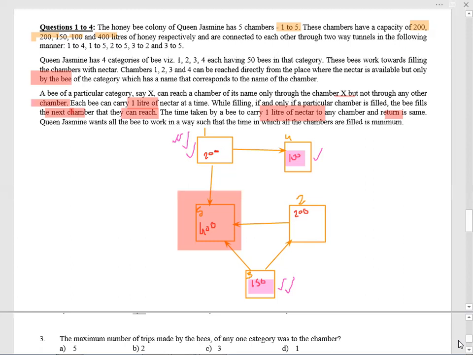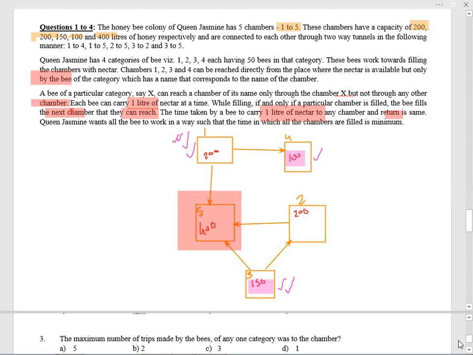Time taken by any bee to carry 1 liter of nectar to any chamber and return is half an hour. What is the total time taken by all the bees to fill up chambers 1 to 5? So we have seen 3 trips. First 3 trips, 1.5 hours, all 3 filled. 2 hours, all of them filled. So within 2 hours, all filled up.